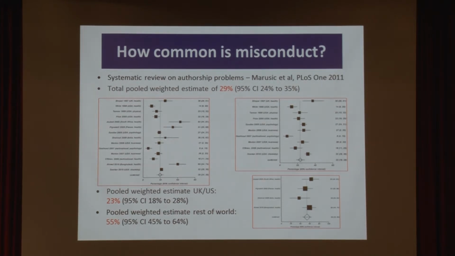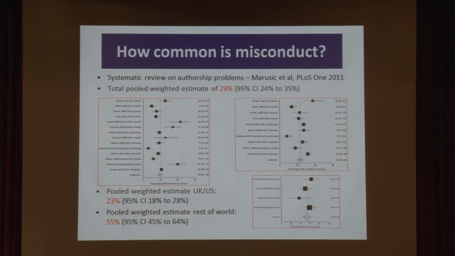We showed that the prevalence of problems with authorship is 10 times larger than that of misconduct. And you can also see a difference between developed countries, in the forest plot which synthesizes results from all the studies there in the upper right corner, which is about 23% in developed countries or international journals.